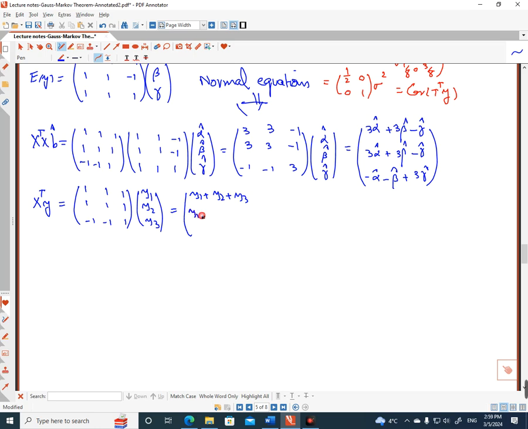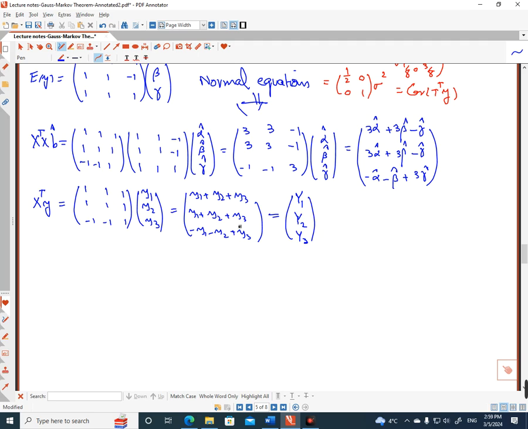The second element the same, and then the third element plus y3.